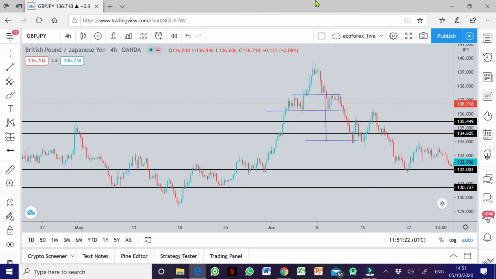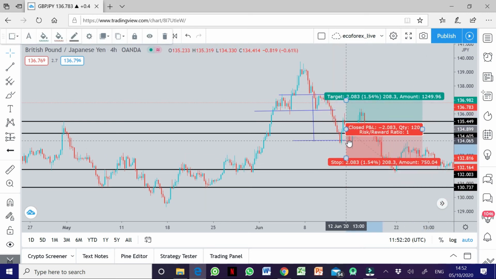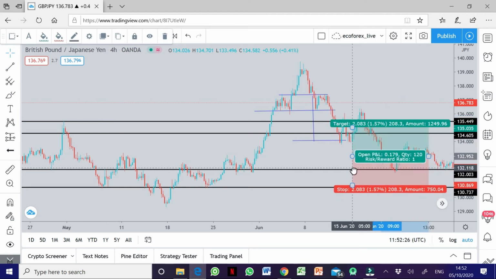I'm gonna take a trade here, buy a position, and then my TP, my stop loss will be somewhere here. Let me try to check how this one can be. My stop loss will be somewhere here.